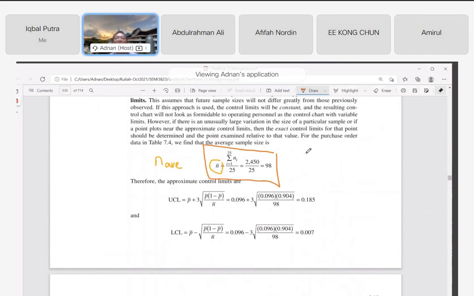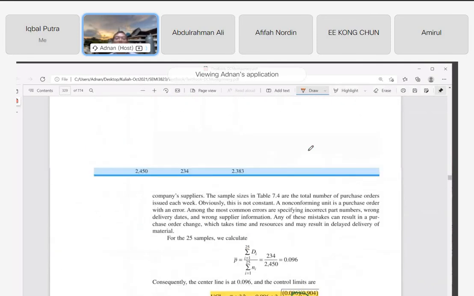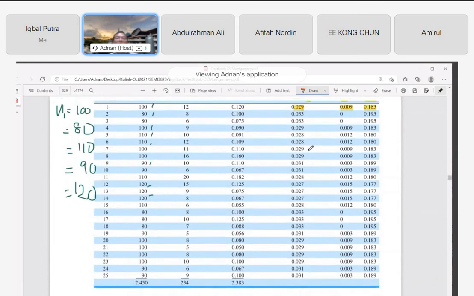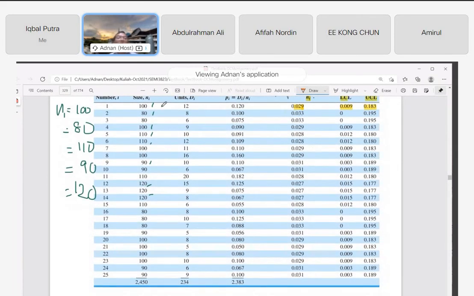We combine all the points here. You take the total of all this, you get 2450. 2450 divided by 25.